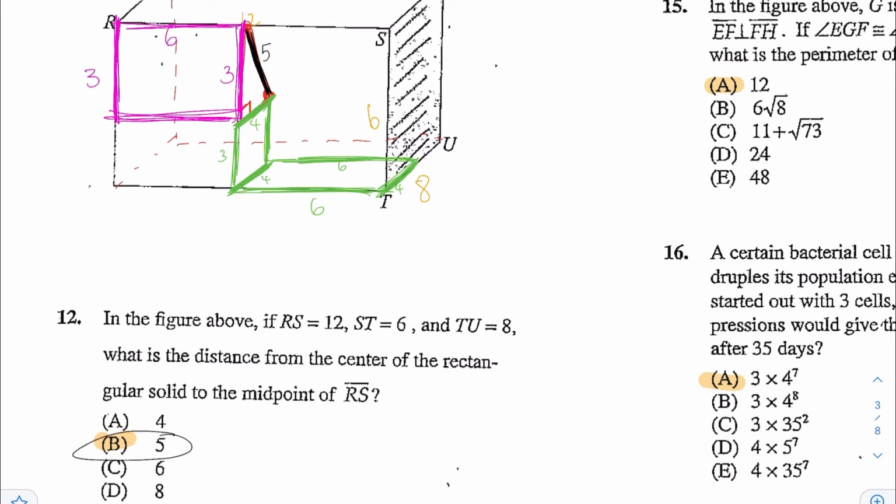So the answer would be choice B. But the key here was to draw these different shapes to figure out that the triangle in question is really just a 3, 4, 5 right triangle. And it helps if you think in 3D.